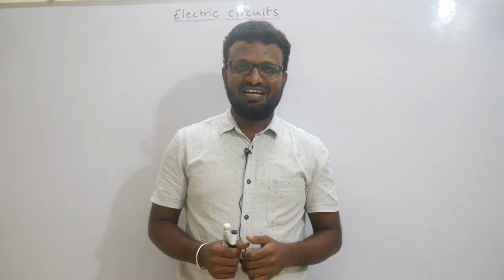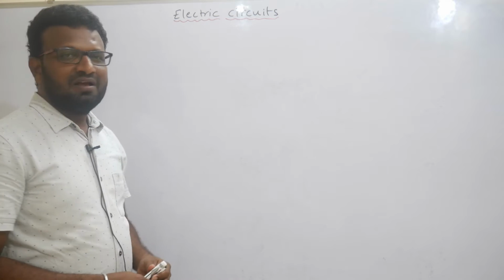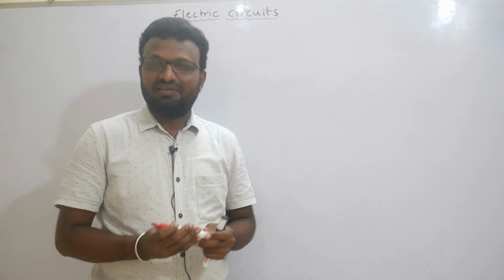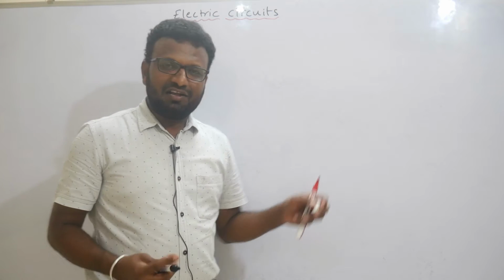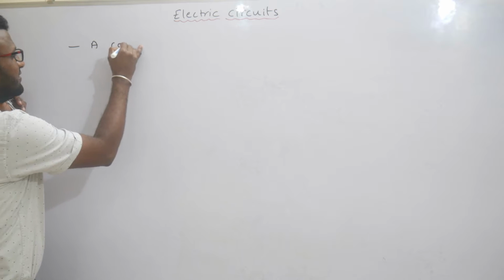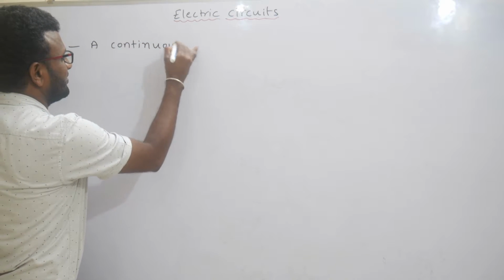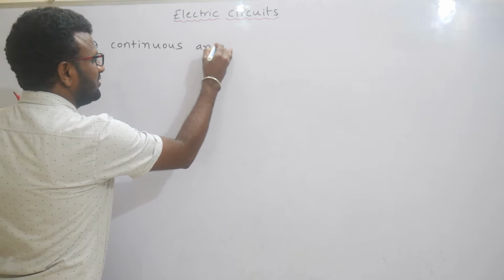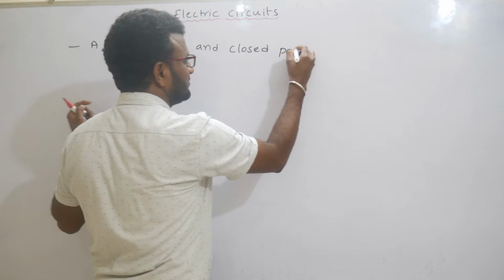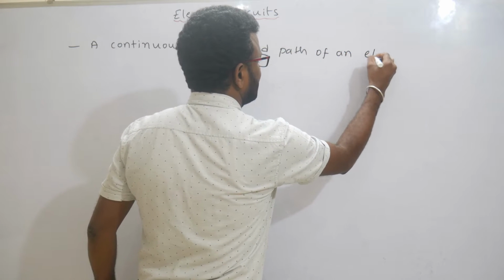Today in this session I am going to explain about electric circuits. So what is meant by electric circuit? Electric circuit is nothing but a continuous and closed path of an electric current.